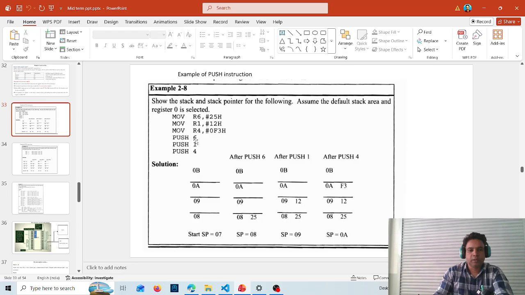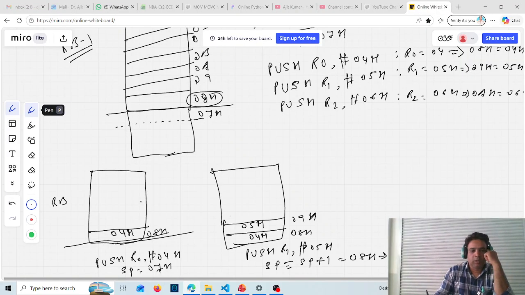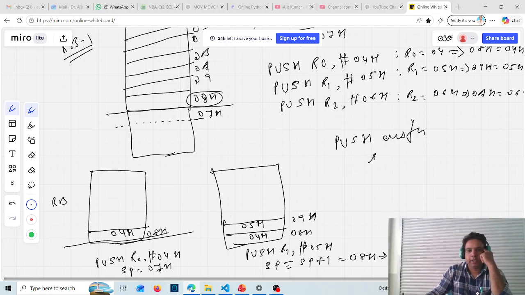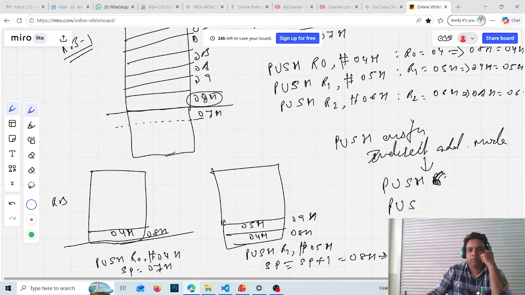One moment, a mistake was made here. The push instruction uses indirect addressing, so here we have to write it like this: push 6, similarly push 2, and so on. So this is actually not correct.